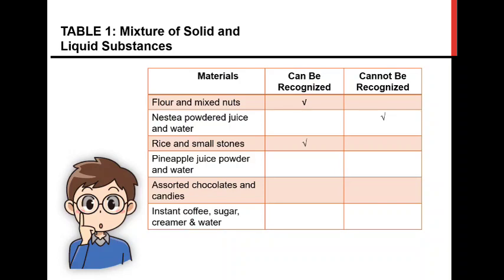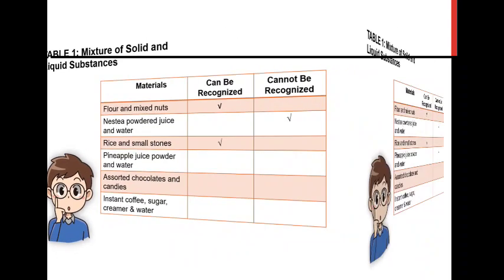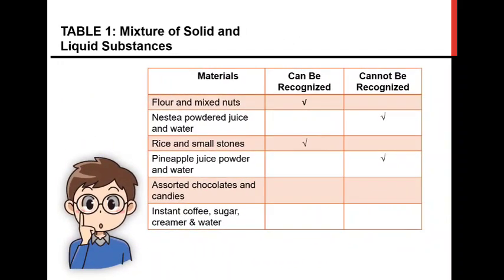If they are mixed together, can we still recognize the component of the powdered juice? Okay, very good. We cannot recognize the component of pineapple juice powder because it is completely mixed with water. How about the next one? Assorted chocolates and candies.